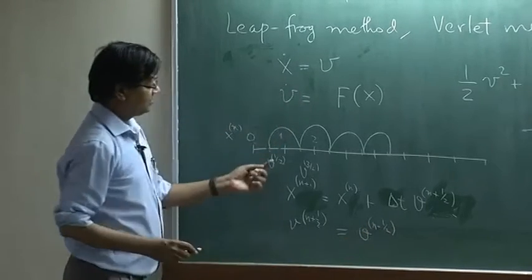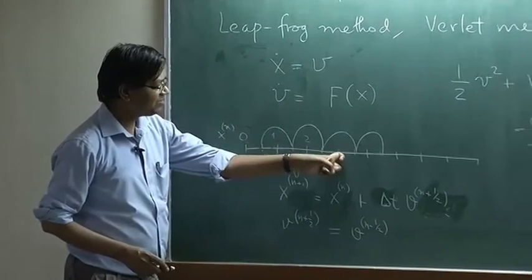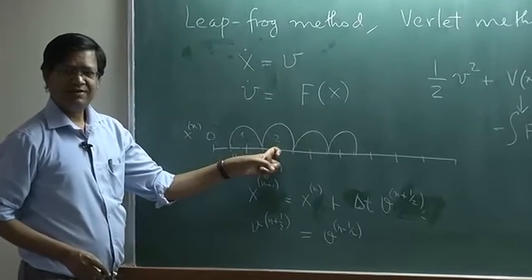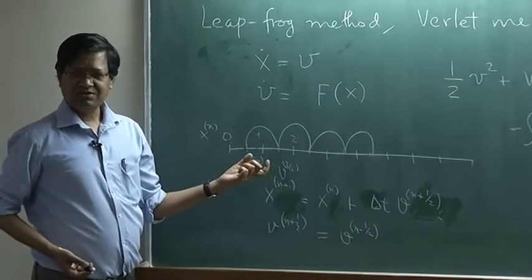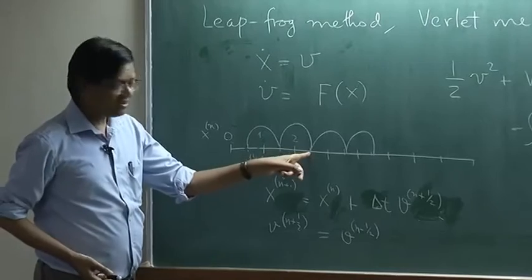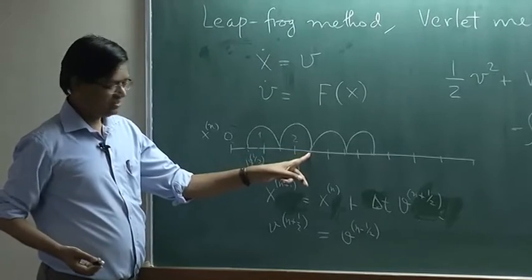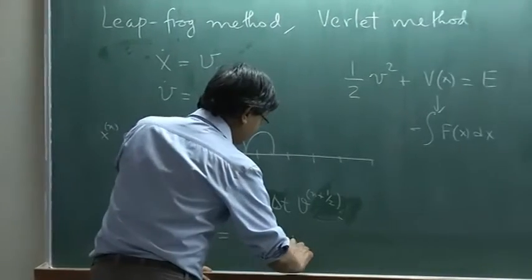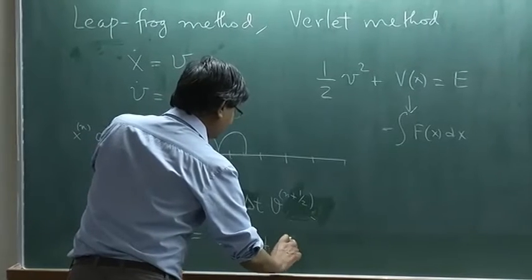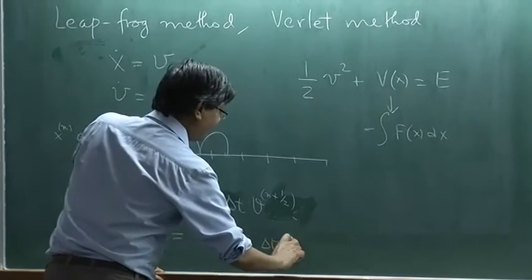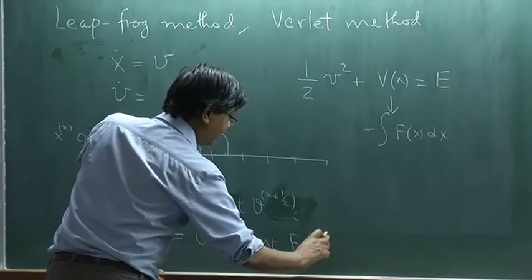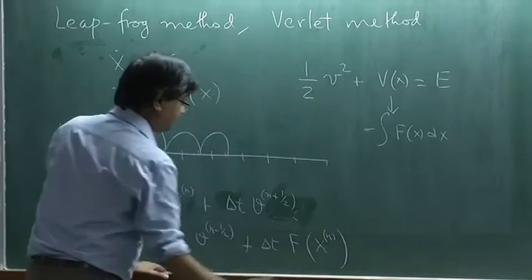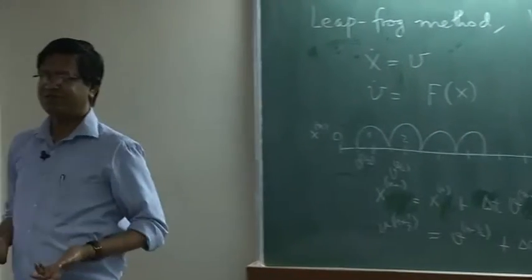Let us say I am here at n plus half, with n minus half before. Where should I compute the force? The force is here at the midpoint again, so that is delta t times f of x_n. So this is called the Leapfrog method or the Verlet method.